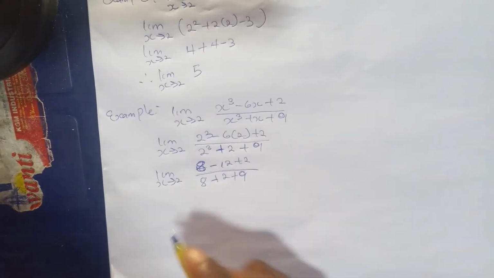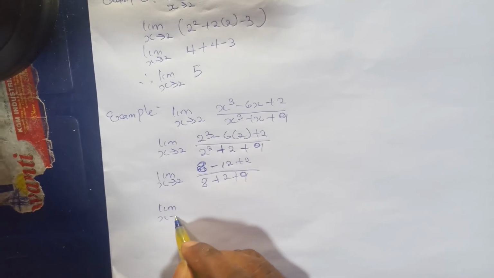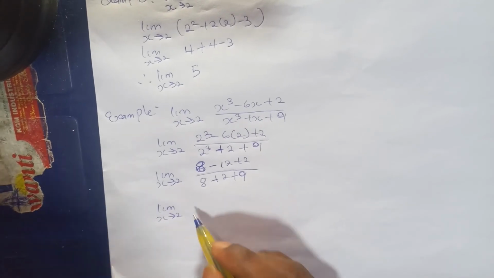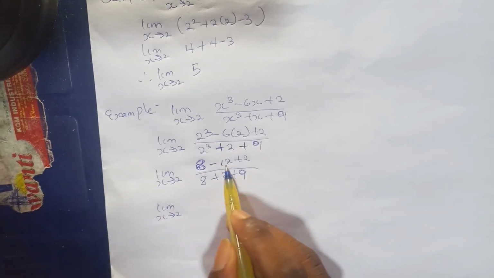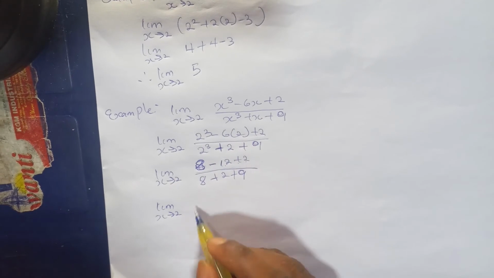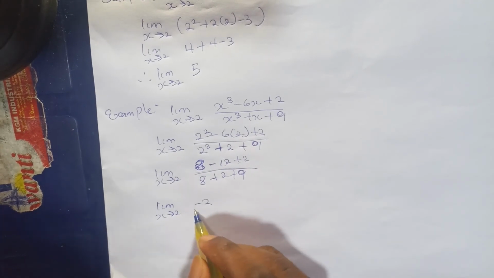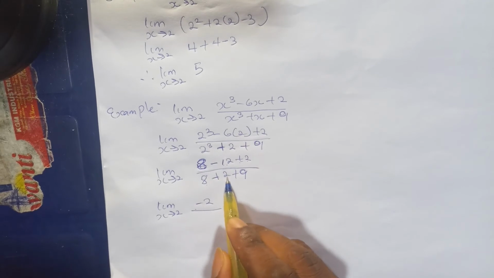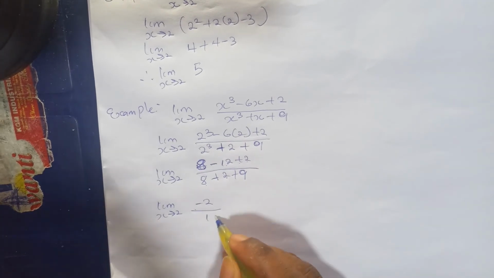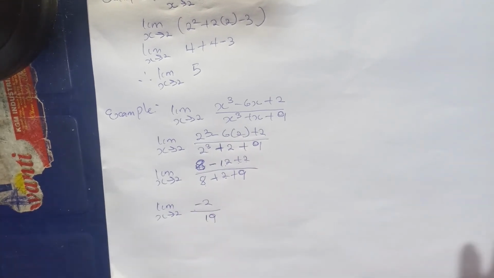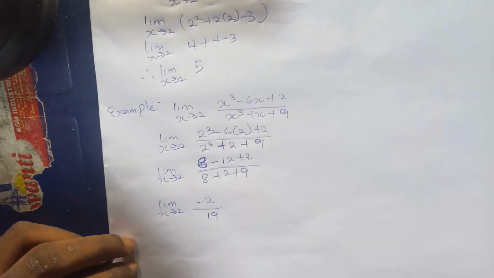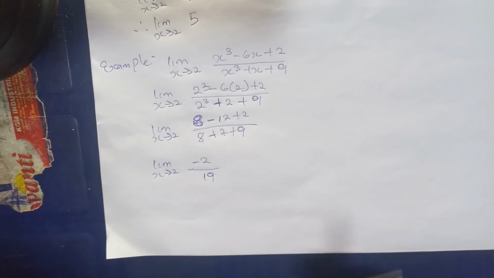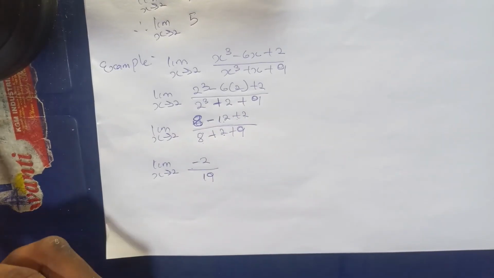Now, lim x approaches 2 will give us 8 minus 12 plus 2, which is minus 2, all over 8 plus 2, 10 plus 9, 19. So therefore, lim x approaches 2 in this equation is minus 2 over 19.